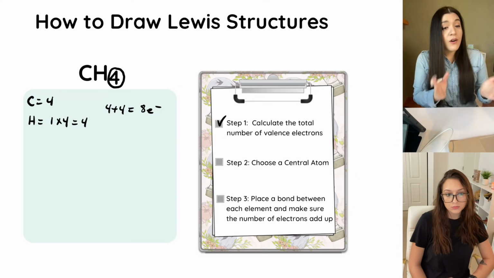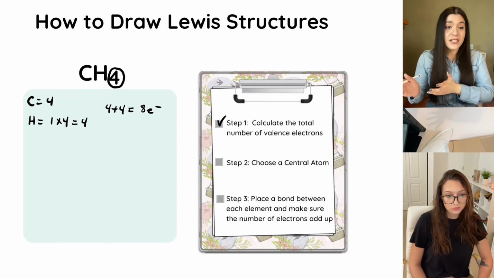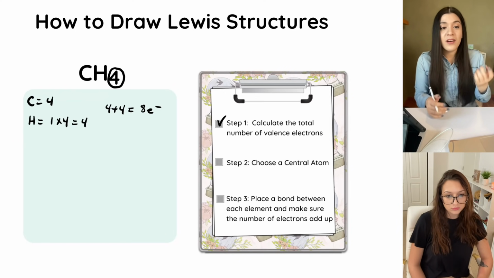Now, if there wasn't carbon in the Lewis structure, then it's going to be the least electronegative. So the least electronegative atom would be your central atom if carbon isn't there. It doesn't apply for this case, because hydrogen is never, and that's also something to note, hydrogen will never be your central atom because it only has 1 valence electron, meaning it's only going to be able to create 1 bond.